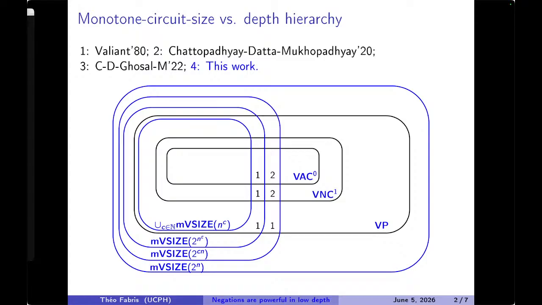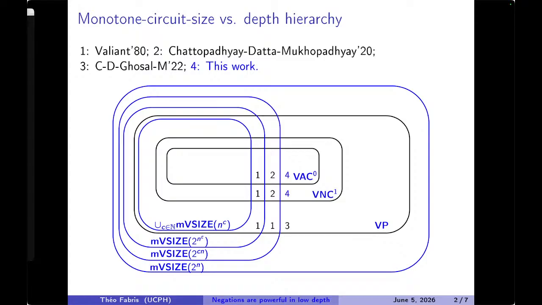Valiant did this in the 80s, and recently it was improved by Chattopadhyay, Datta, and Parto, one of our co-authors. They improved the explicitness of Valiant's lower bound. They proved for a different polynomial, but they got a VAC0 polynomial that cannot be computed by exponentially sized monotone circuits.